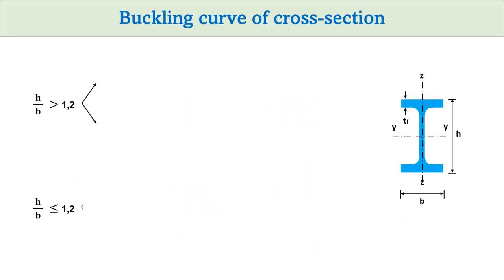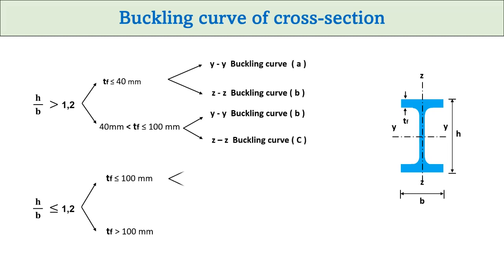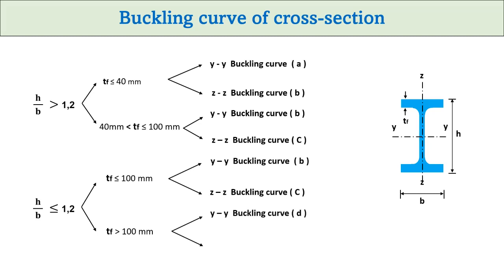As mentioned earlier, we can find the imperfection factor alpha from the buckling curve of the cross-section. In the first instance, the buckling curve depends on the ratio between the height and the width of the cross-section. Then the thickness of the flange influences the determination of the buckling curve.